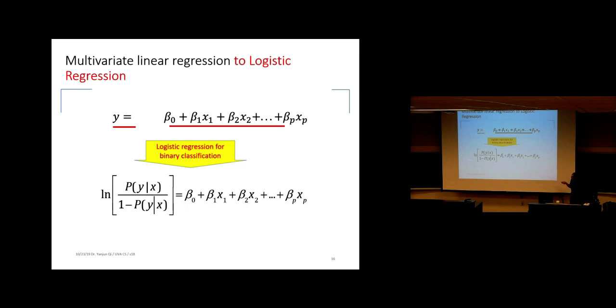So in the end, the whole logistic regression is assuming that the ratio of P(y equals 1 given x) to P(y equals 0 given x), then taking a log, is a linear combination of input x features.